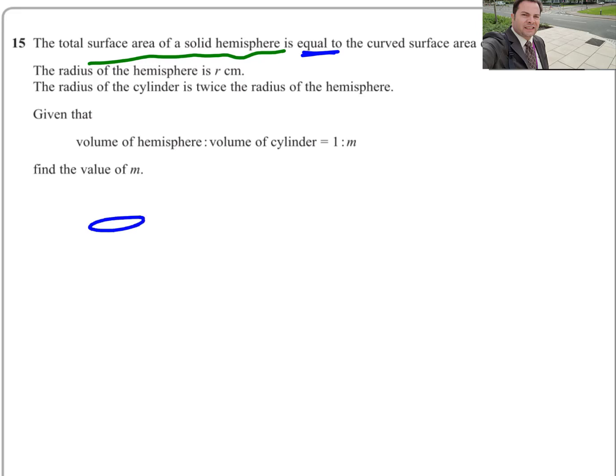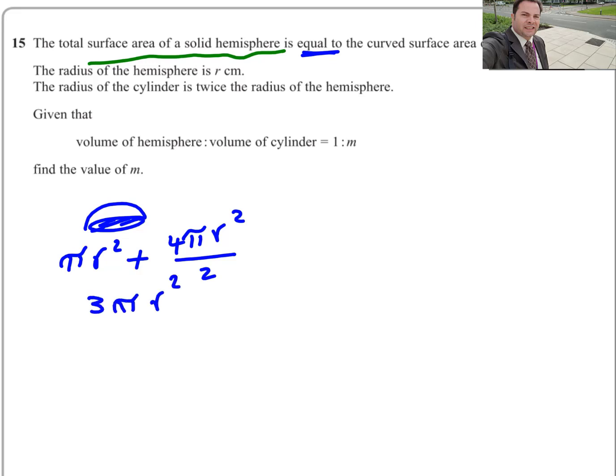Hemisphere, its surface area is pi r squared, this is the area of the circle, plus the sphere, which is 4 pi r squared divided by 2 to get the hemisphere. If you simplify, the answer is 3 pi r squared. This is the total surface area of a solid hemisphere.